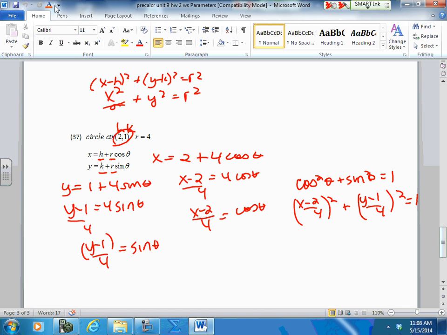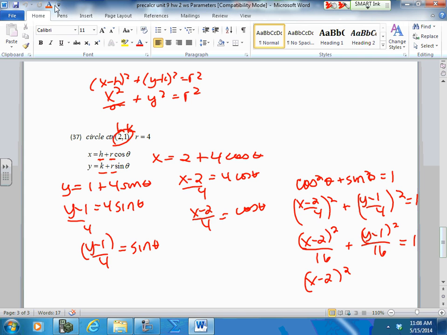And just distribute this part. Leave the top with your x minus 2, that's your x minus h. Y minus 1, leave it, the y minus k. Now the last step we need to do, since this is an ellipse with a special condition that makes it a circle, multiply through by 16.